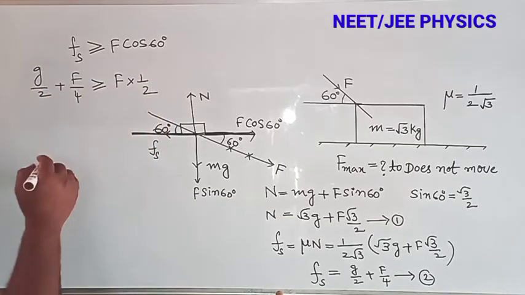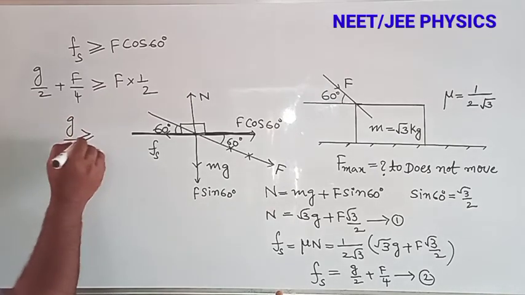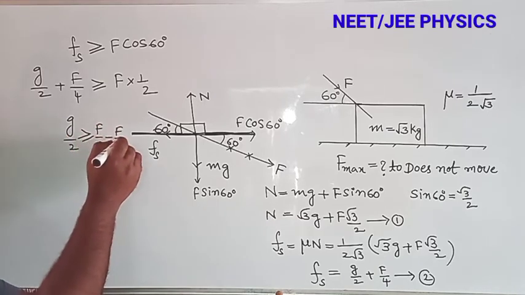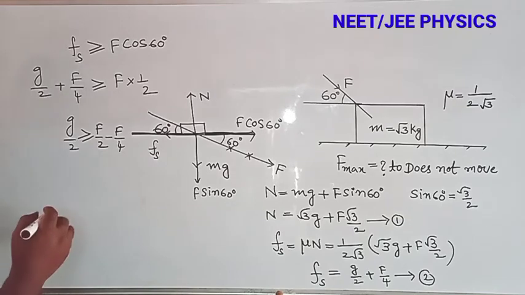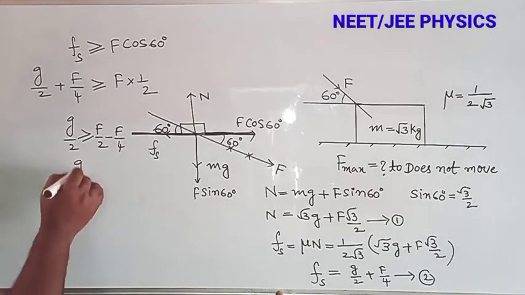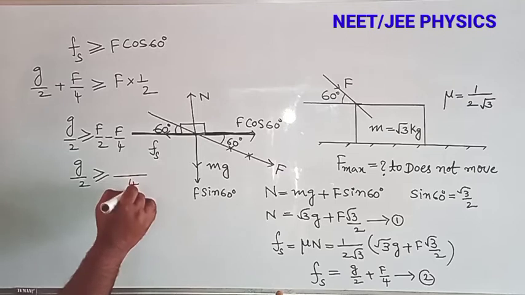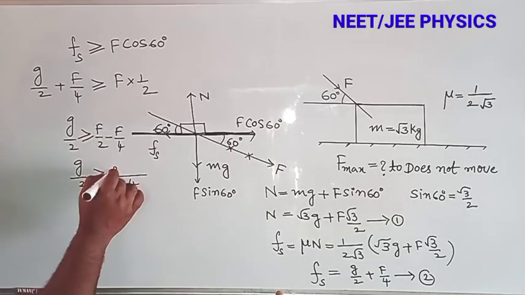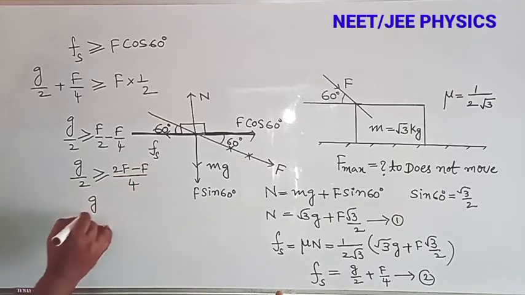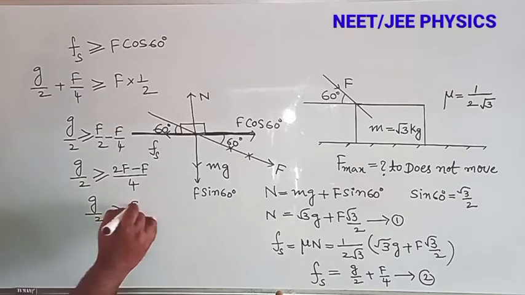Now move this to that side. Then g upon 2 is greater than or equal to F upon 2 minus F upon 4. Now take the LCM, 4. g upon 2 is greater than or equal to 2F minus F over 4, which is F upon 4.